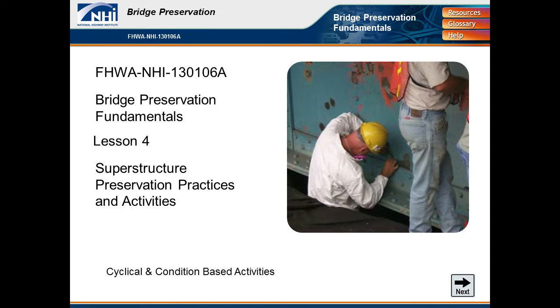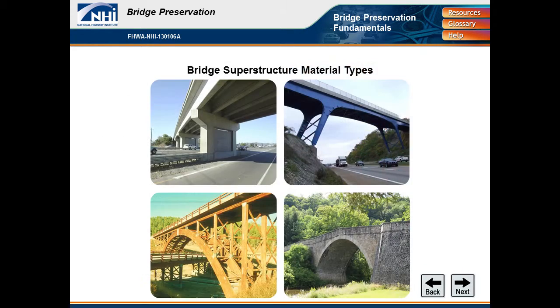And we talk about the superstructure, in terms of preservation practices and activities. We talk about all different types of superstructures, whether it's steel, concrete, stone arches, the various types of things that you'd see based on your material type.